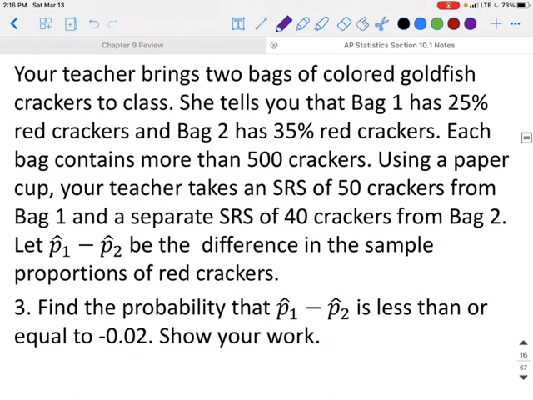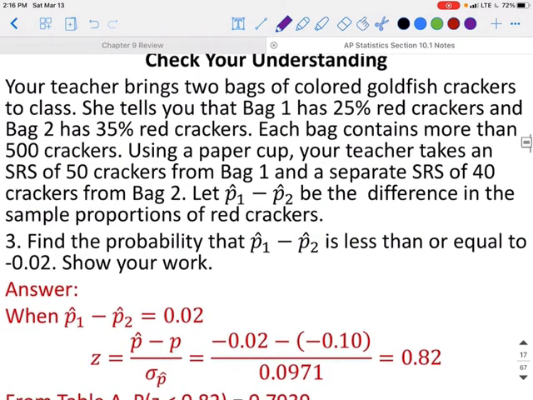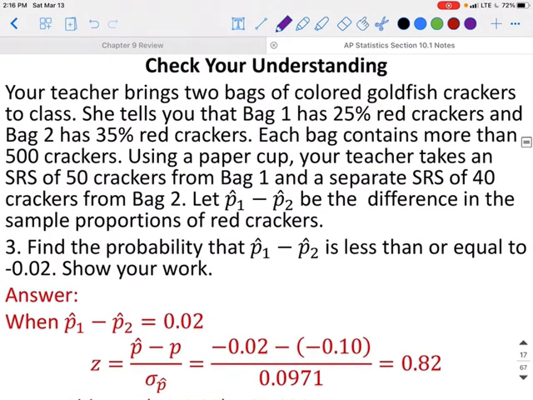Find the probability that p hat 1 minus p hat 2 is less than or equal to negative 0.02 and show your work. When we have to find the probability, we are looking for the z-score. So remember, the z-score in this case is going to equal p hat minus p all over the standard deviation.